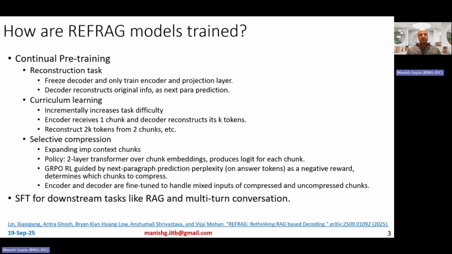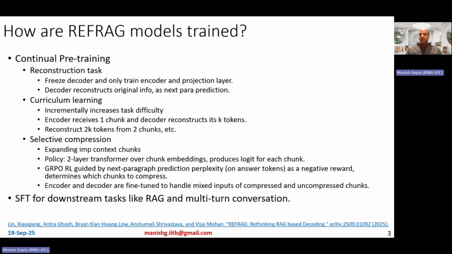Let's say 5% of chunks, or 10% of chunks, will be expanded. So you figure out 20 different combinations of those chunks you'll be expanding, and everything else is not expanded.